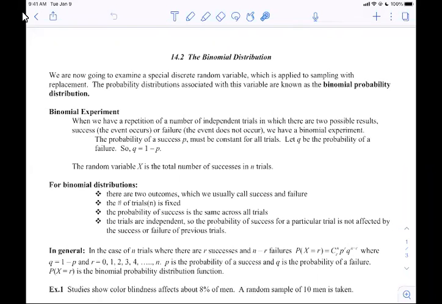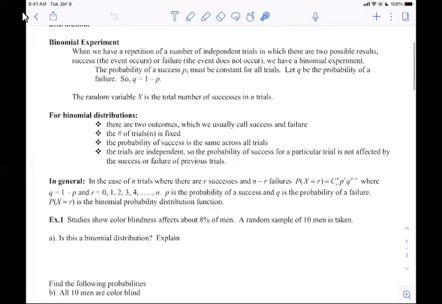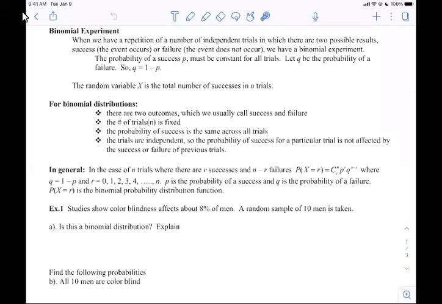There are 2 outcomes. We usually call success or failure. The number of trials is fixed, like there's 8, or there's 12, or there's 20. The probability of success is the same across all trials, and the trials are independent. The probability of success in one trial does not affect the success or failure of a previous trial.